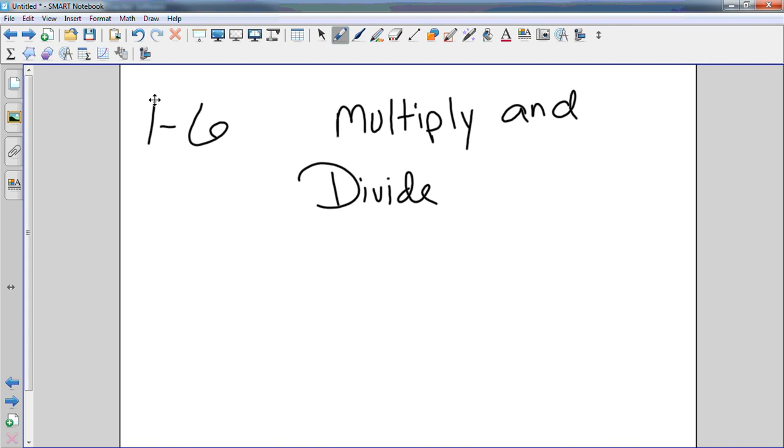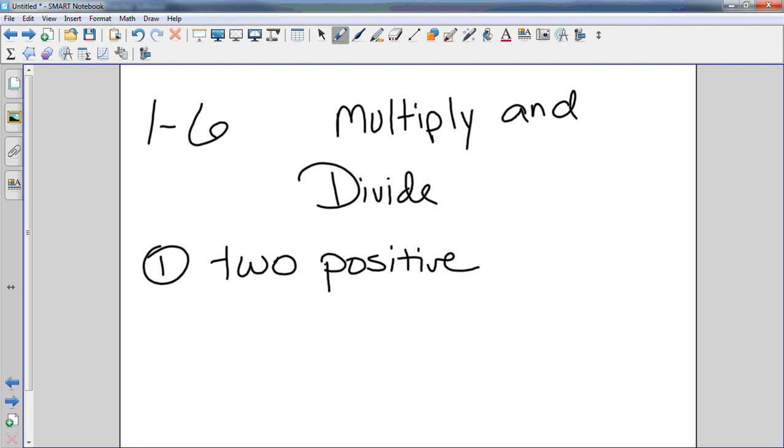Now, rule number 1. If you multiply or divide two positive numbers, your answer is always what?